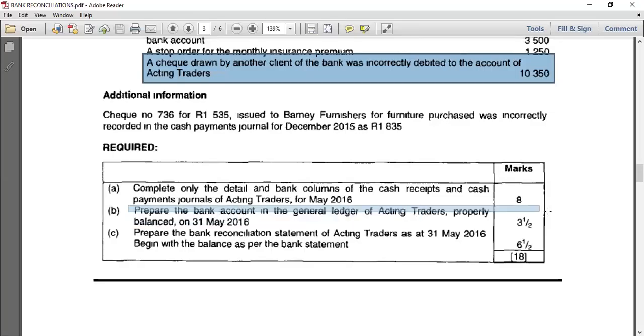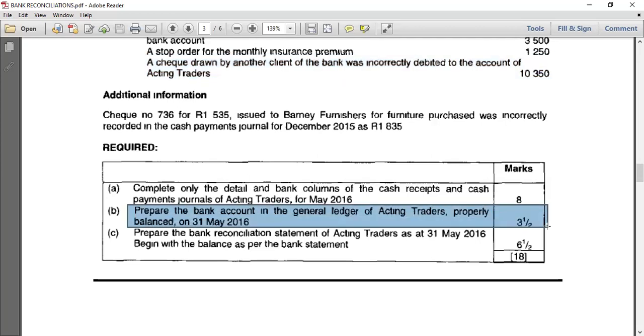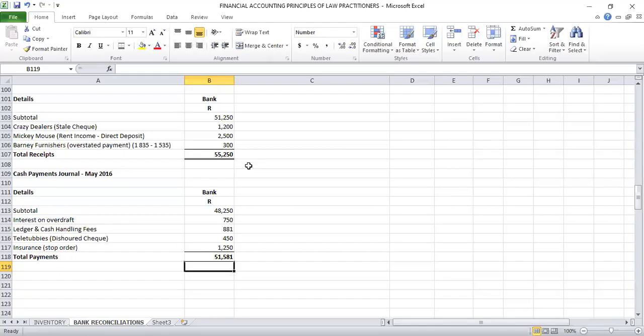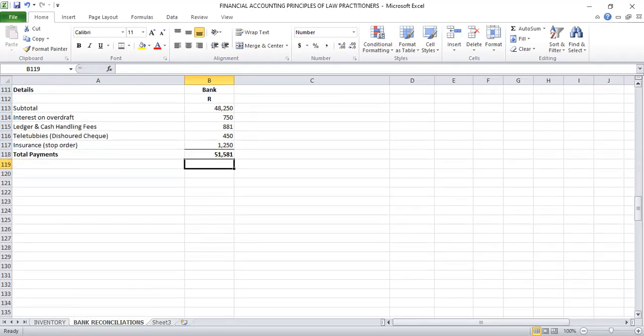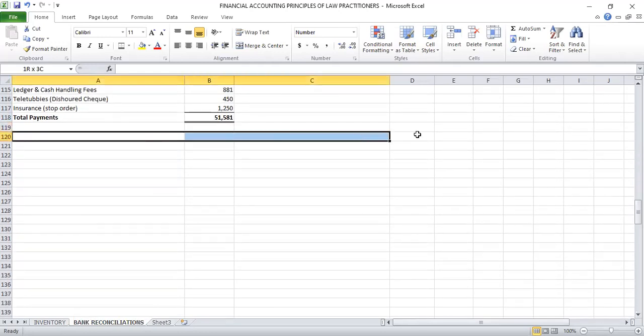Prepare the bank account and the general ledger of Acting Traders properly balanced. Right. So this one we will prepare exactly in the same way that we did last time.